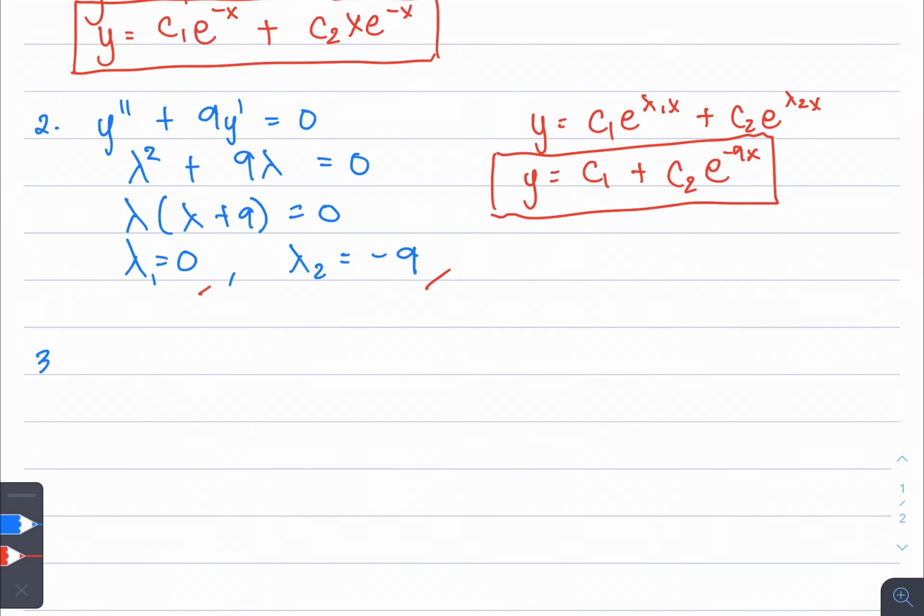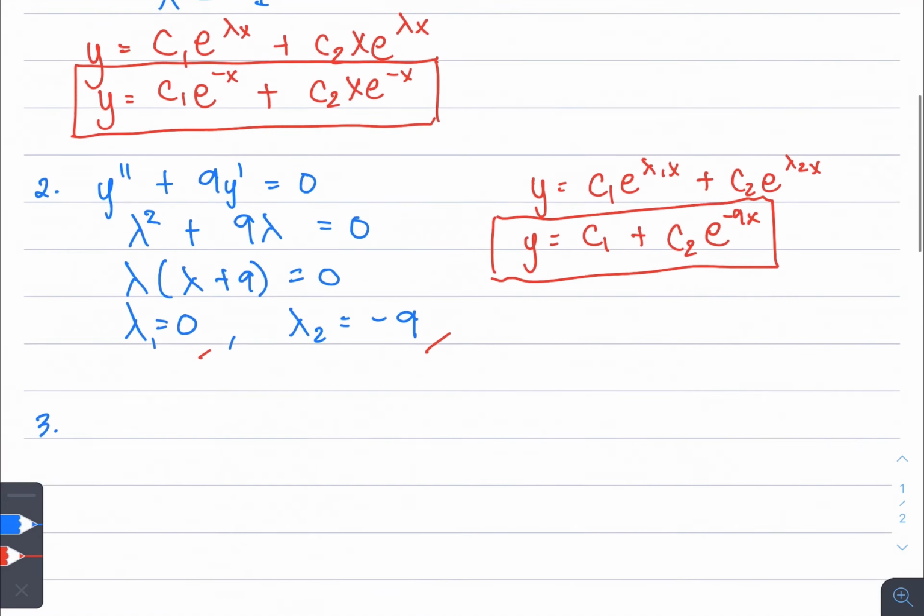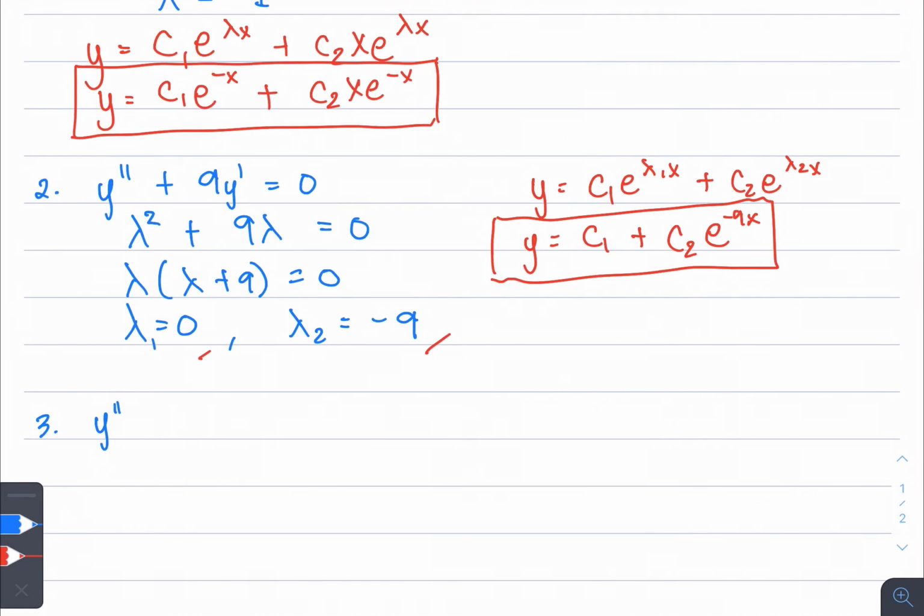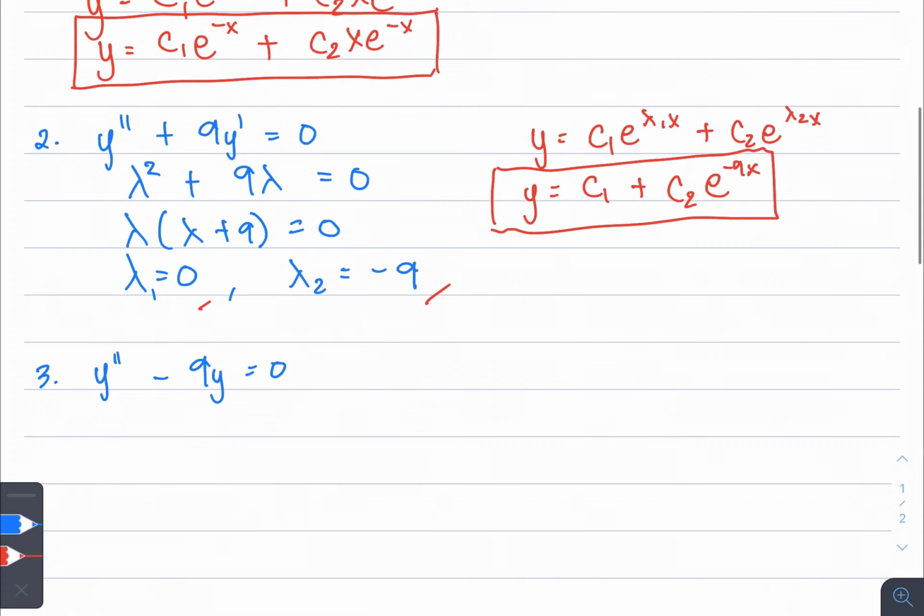Okay, for the third problem, the given ODE is y double prime minus 9y equals 0. So same, we get the characteristic equation, lambda squared minus 9. So take note, ito ay y function na, hindi na siya derivative. So wala na tong lambda na kasama.